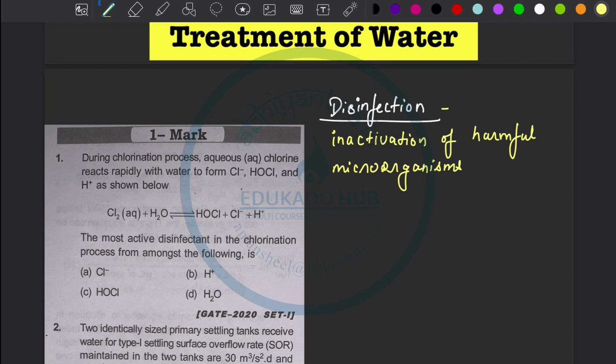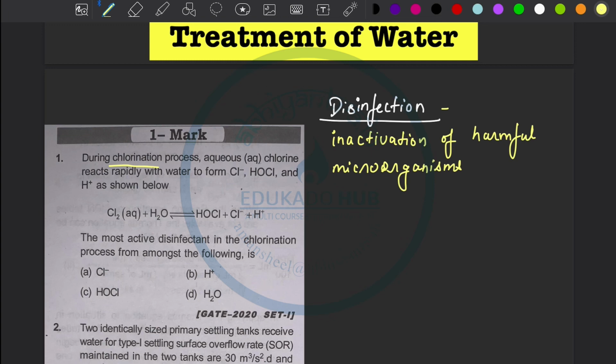domestic use. Now chlorination is the process. Chlorination is a process that is done for disinfection, and it is a major method of disinfection. In India, we use chlorination majorly for disinfection. There are various reasons.